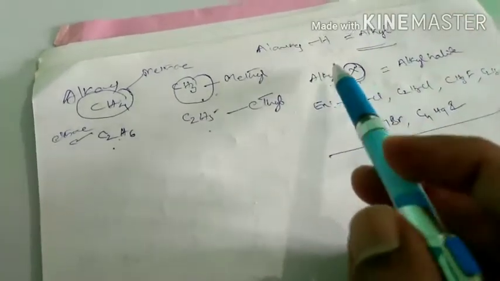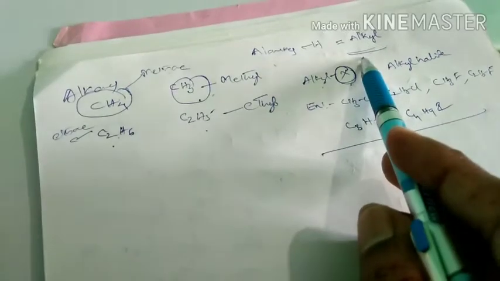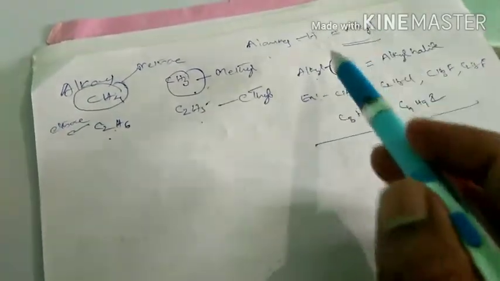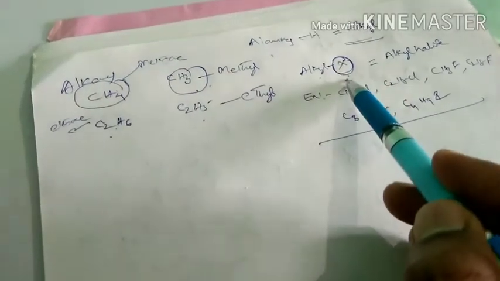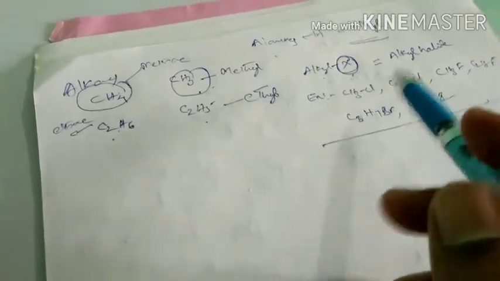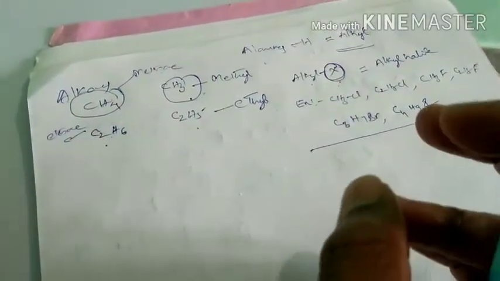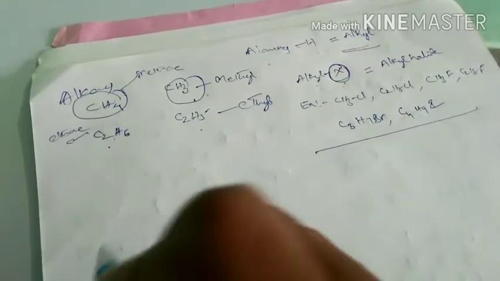Alkyl means removal of hydrogen from alkane is called alkyl. Halide means if that alkyl part is attached with halogen, that can be considered an alkyl halide. Nothing but all these are halogen compounds. All are called halogen compounds.